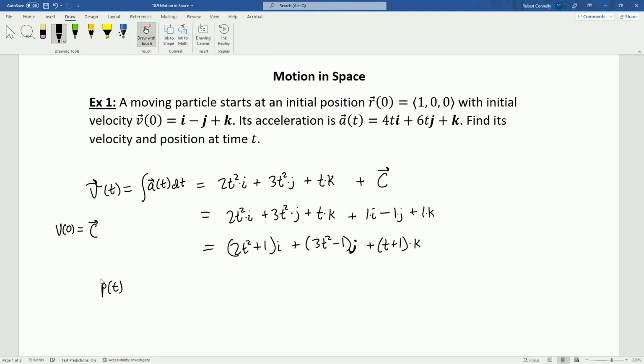Again, position is the integral of velocity.